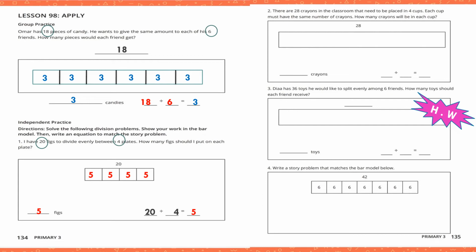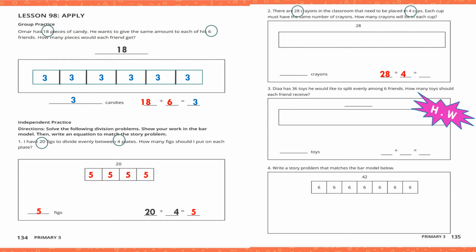Number 2, there are 28 crayons in the classroom that need to be placed in 4 cups. Each cup must have the same number of crayons. How many crayons will be in each cup? So I need to divide 28 between 4 cups. 28 divided by 4.